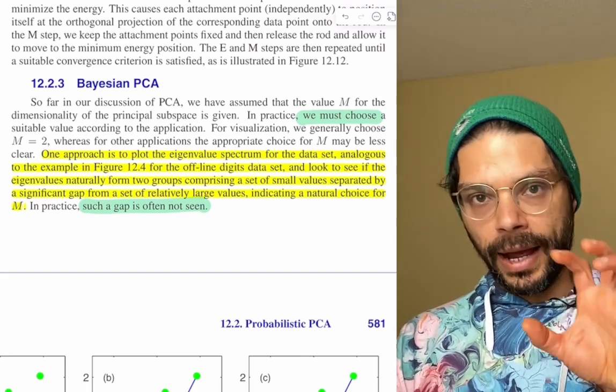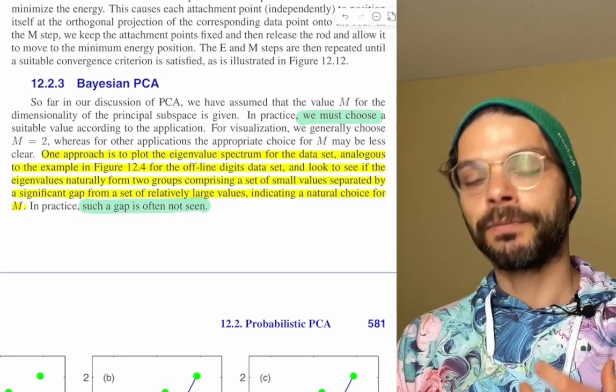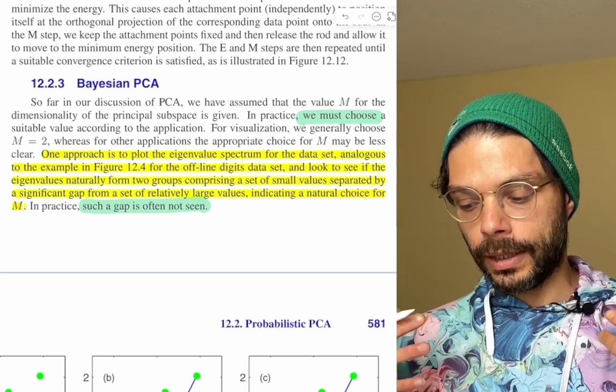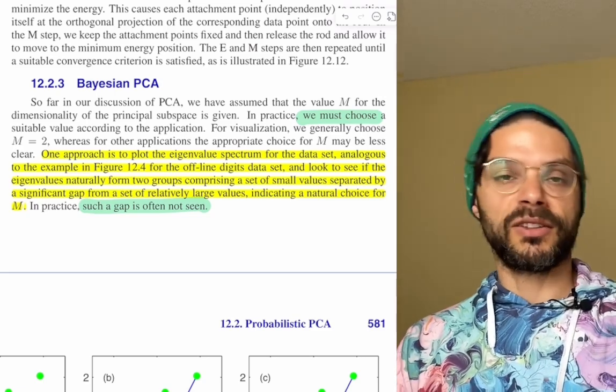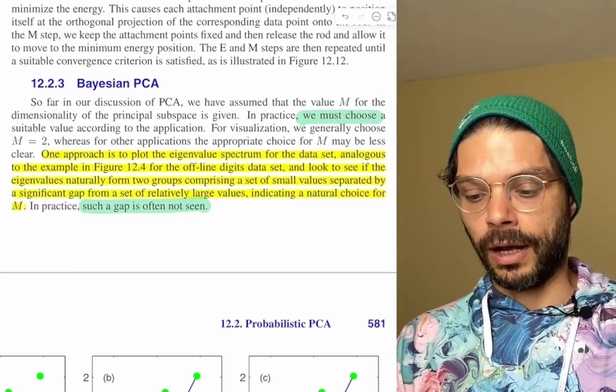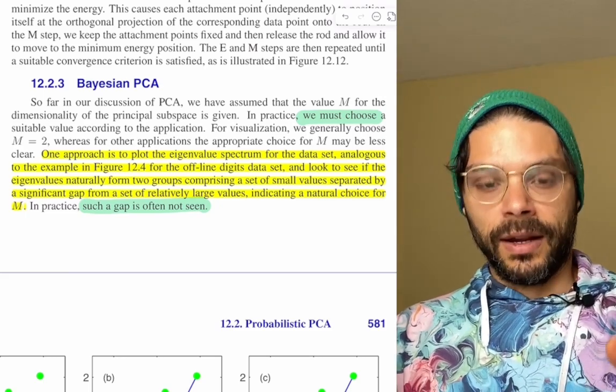The main concept here is how we use automatic relevance determination to determine how big the subspace should be. I think that's a cool idea, something worth taking home from this section. So let's get into it.